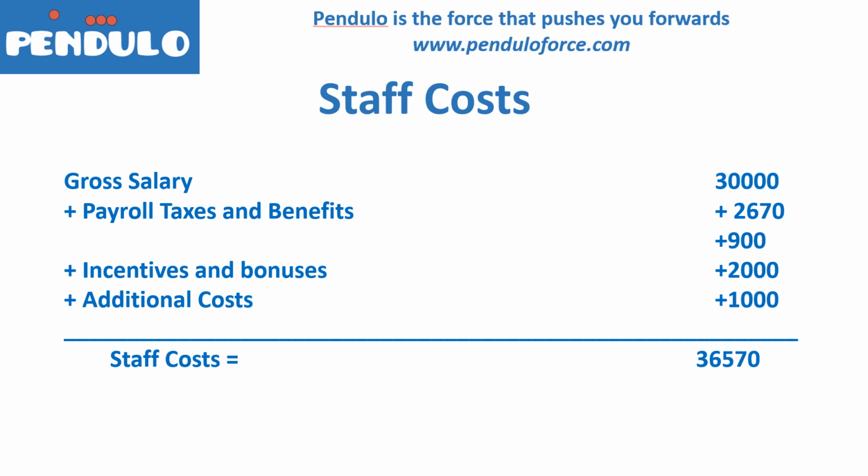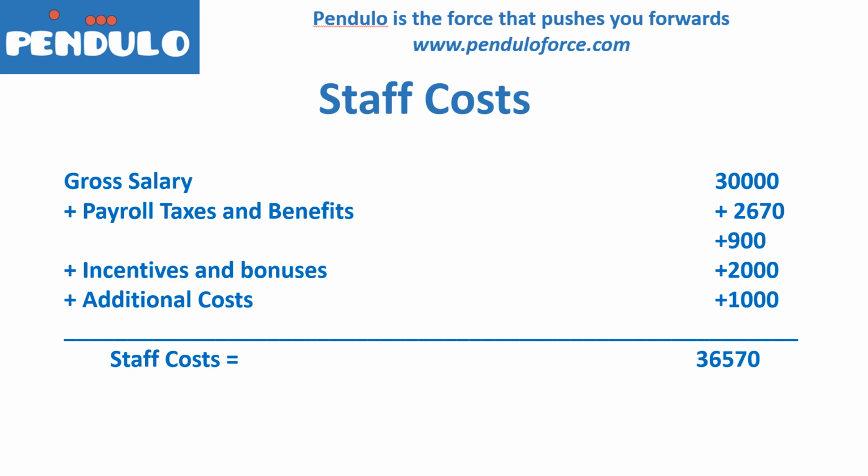Right, so let's see it with some numbers. Imagine that the salary of one person is 30,000. And then we're going to add on taxes 2,670, and then benefits £900, incentives and bonuses 2,000, and some other additional costs like uniform or training, 1,000.